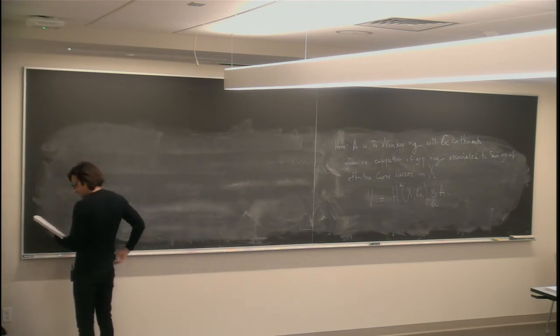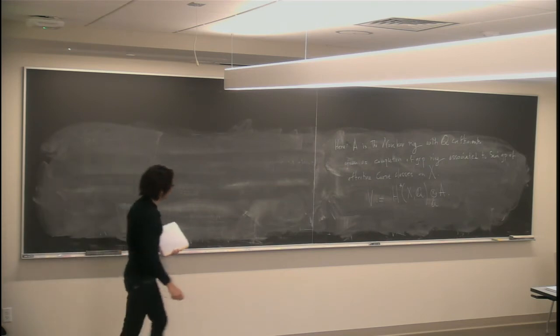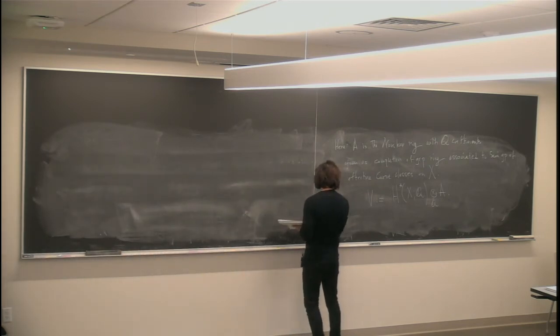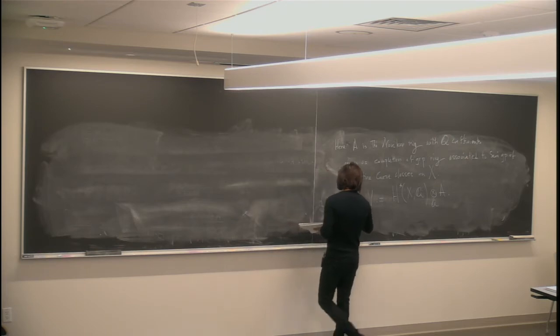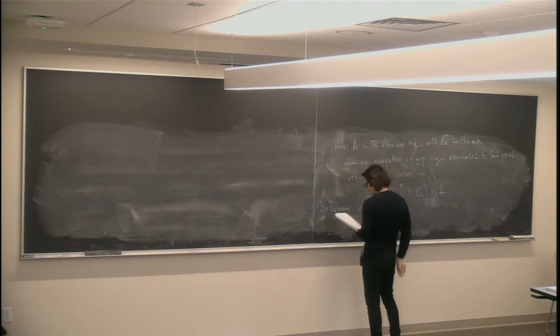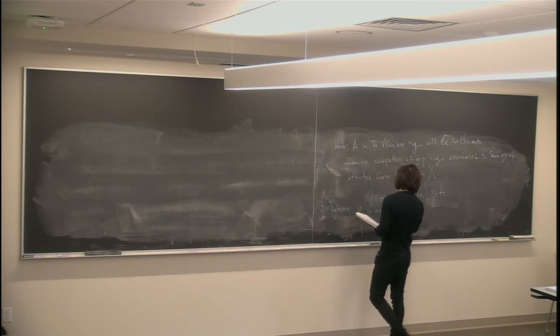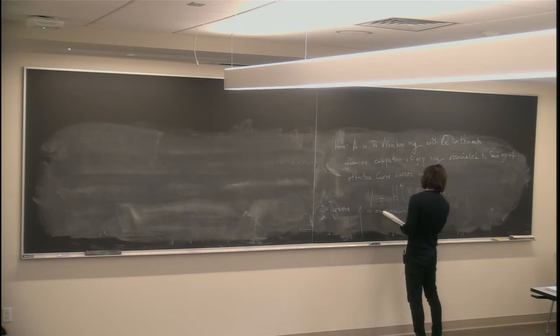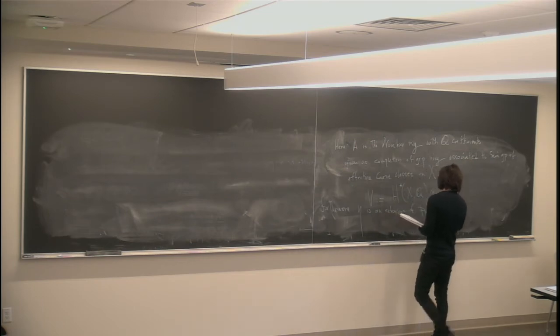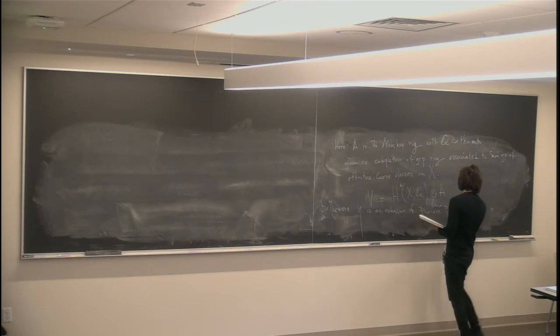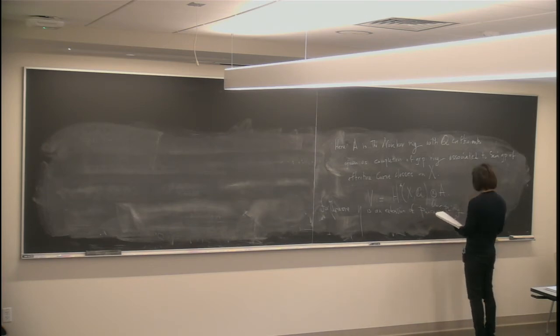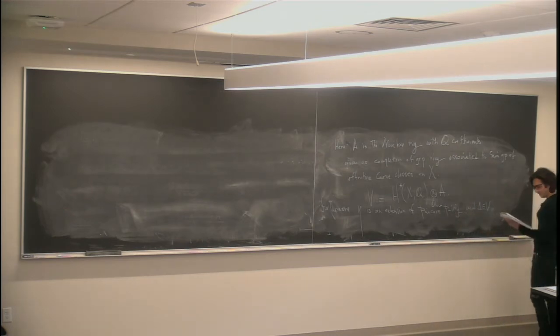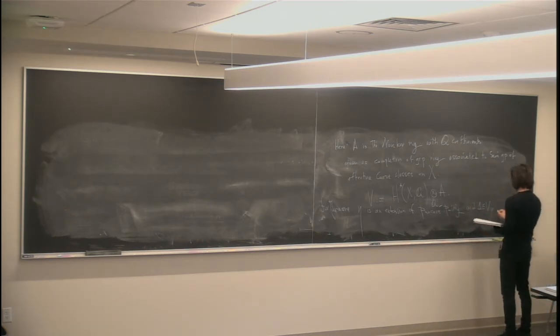Okay, and as expected, furthermore, eta is an extension of the Poincare pairing. And 1 in our vector space V is the unit in cohomology.